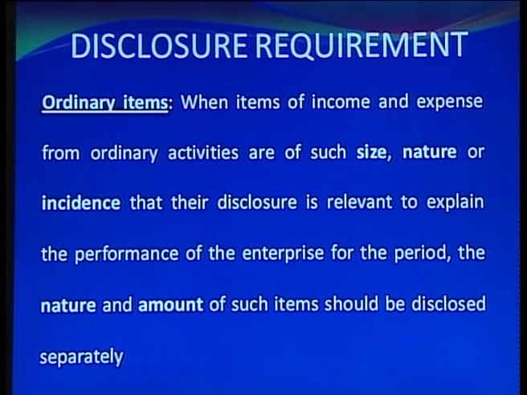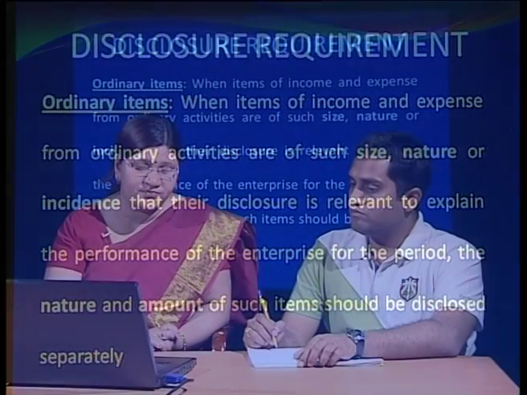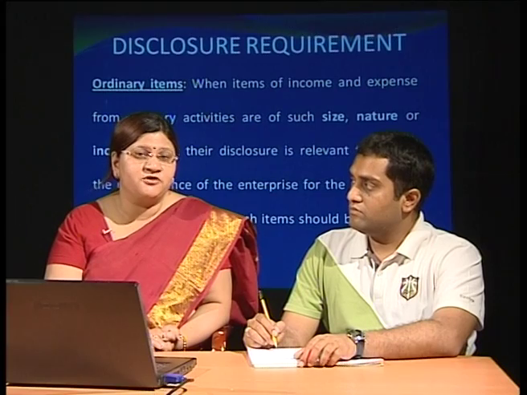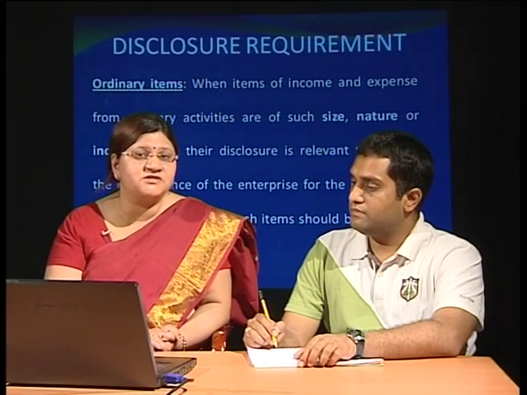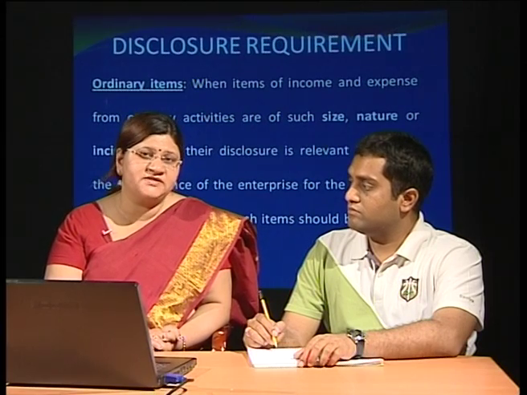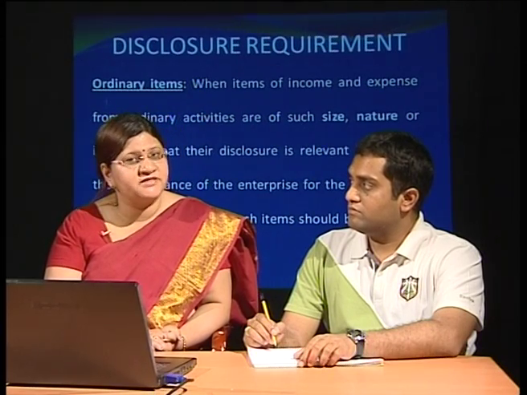When items of income and expense from ordinary activities are of such size, nature and incidence that their disclosure is relevant to explain the performance of the enterprise for the period, the nature and amount of such items should be disclosed separately. For example, there is certain expenditure which is very crucial, or the amount is such that it needs to be disclosed separately. We have to disclose that item under a distinct heading.